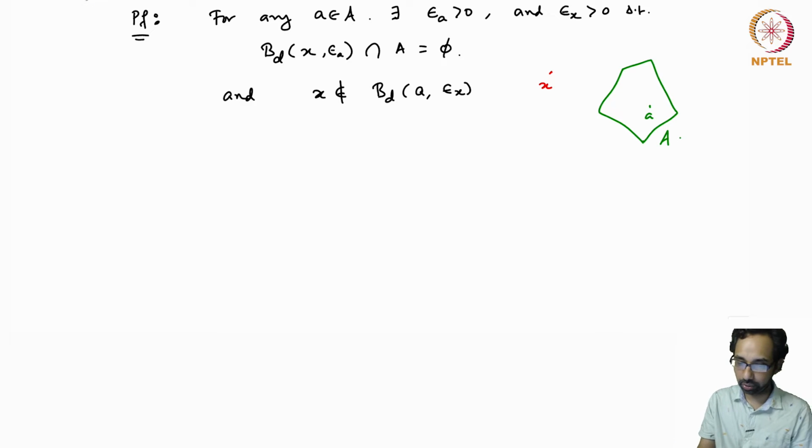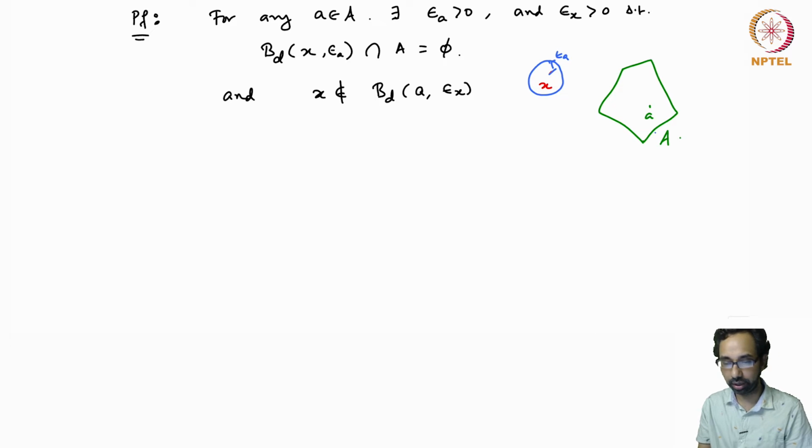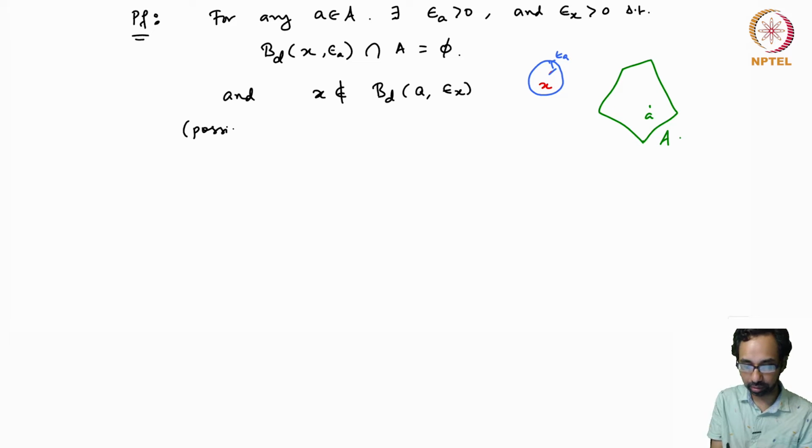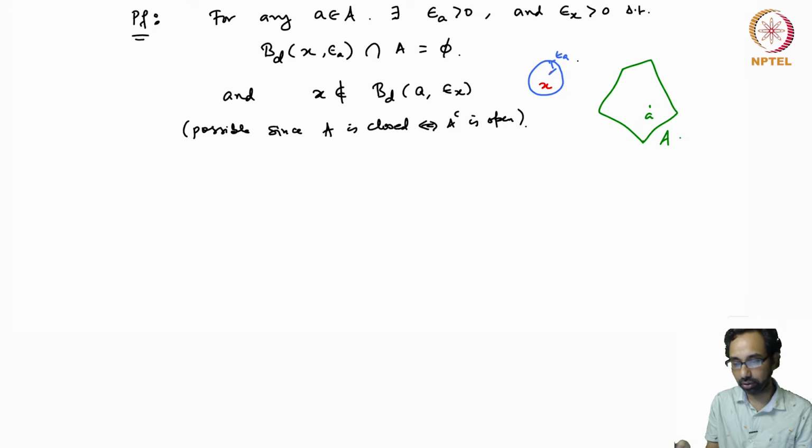First of all we are choosing epsilon_a so that this radius epsilon_a does not intersect A, and this is possible since A is closed, which means that A complement is open and x belongs to A complement, so there will be a metric ball with some radius which does not intersect A. On the other hand, there will be another radius epsilon_x here.